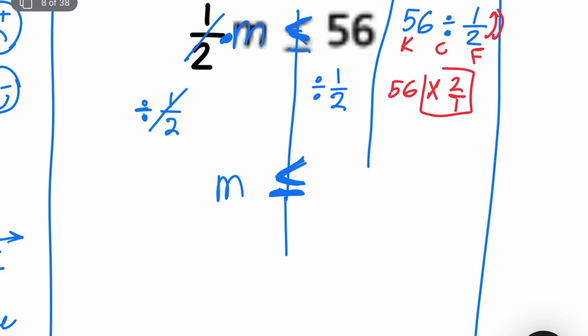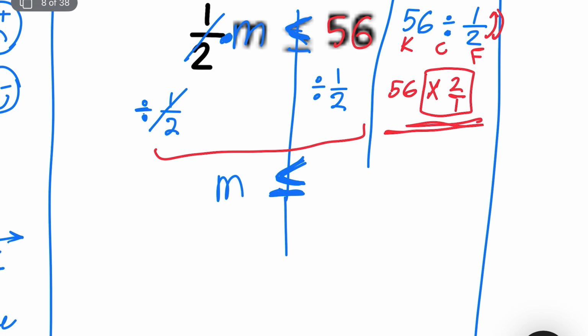So instead of dividing by 1 over 2, you are taking the 56 and multiplying it by 2 over 1. It's the same thing. If you like to do the shortcut right away, it's correct. If you want to do KCF on the side, it's correct. Both of them will give you the same answer.